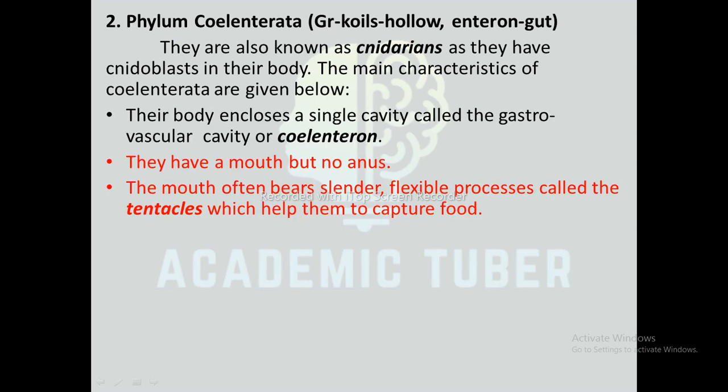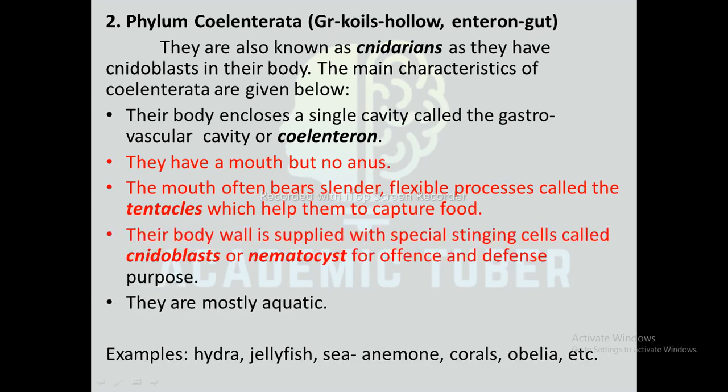They have a mouth but no anus, and the mouth often bears slender, flexible processes called tentacles, which help them to capture food and also help in locomotion as well. Their body wall is supplied with special stinging cells called cnidoblasts, or nematocytes, for offense and defense purposes. They are mostly aquatic. Examples are hydra, jellyfish, sea anemone, corals, etc.